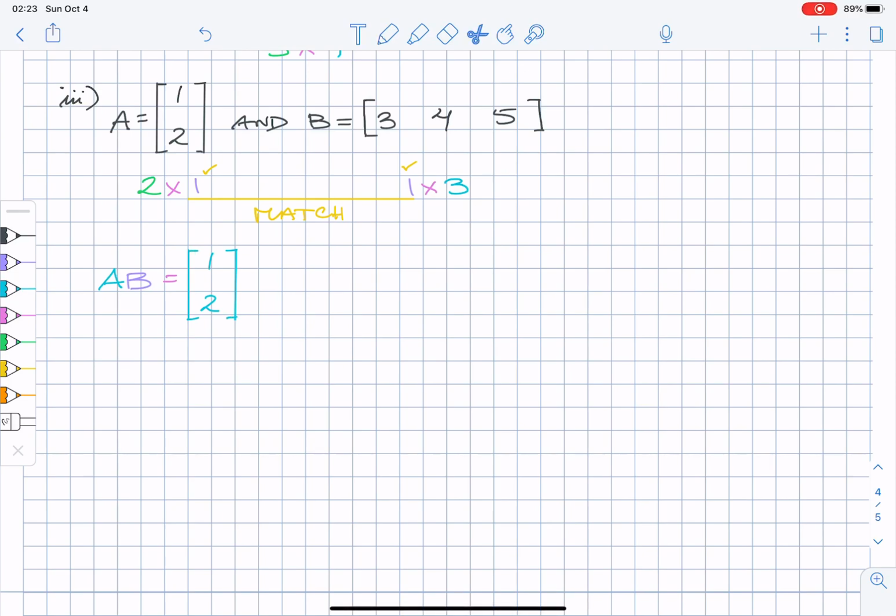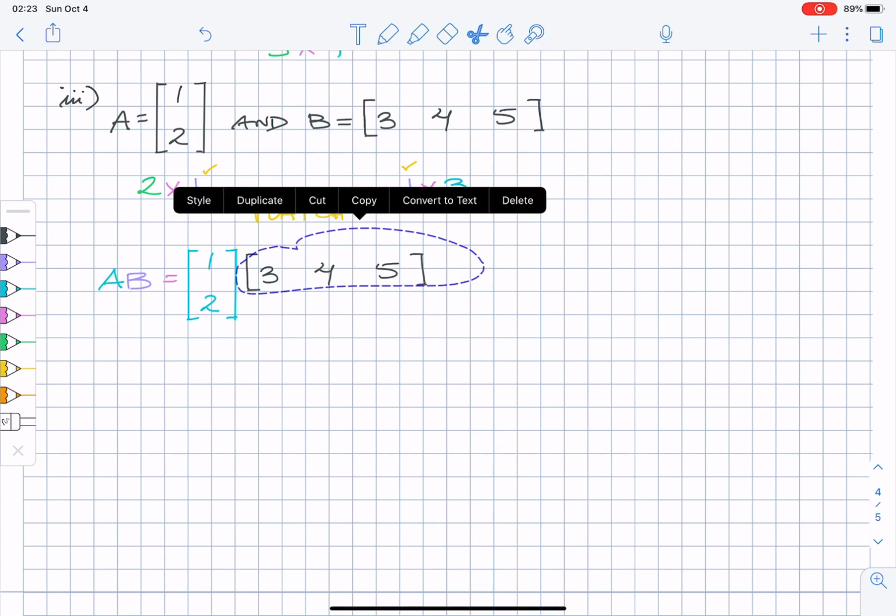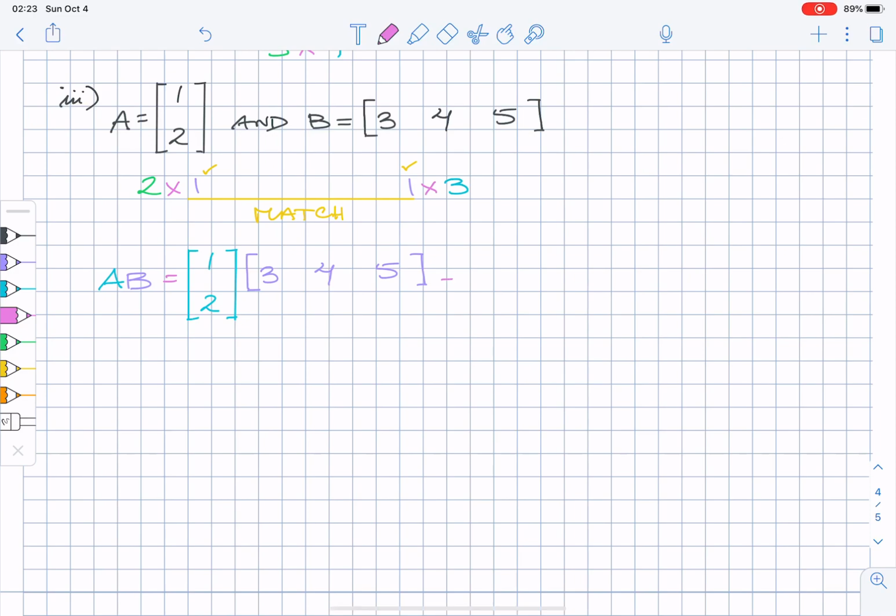So matrix A times matrix B, I claim it's going to be 2 rows by 3 columns. It's going to be 1, 2 times 3, then 1, 2 times 4, then 1, 2 times 5.